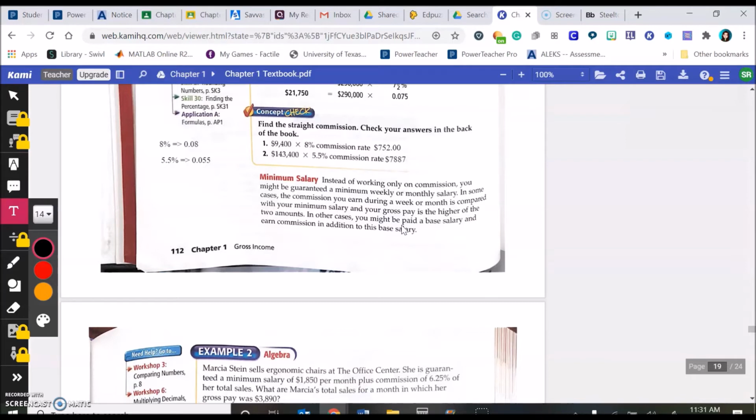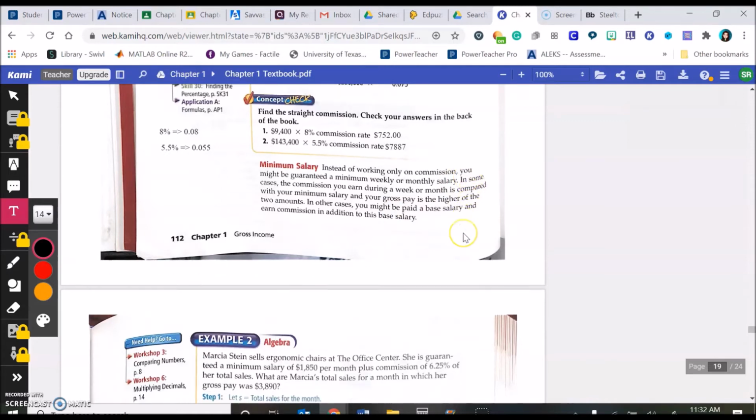In some cases, the commission you earn during a week or month is compared with your minimum salary, and your gross pay is the higher of the two amounts. In other cases, you might be paid a base salary and earn commission in addition to it, so you get the salary plus whatever you've made on your commissions.